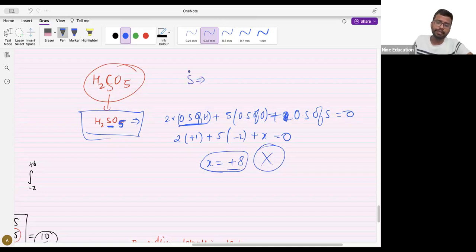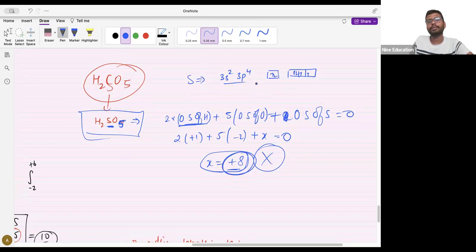Sulfur, see, how many valence electrons does it have? 3s2, 3p4. So how can it remove 8 electrons if it has only 6 electrons in valence?